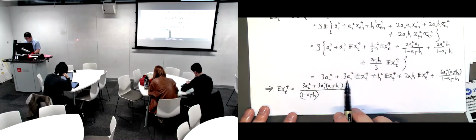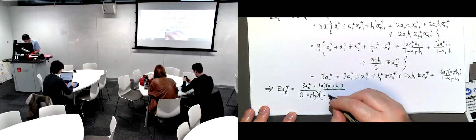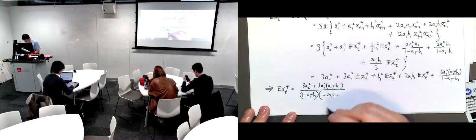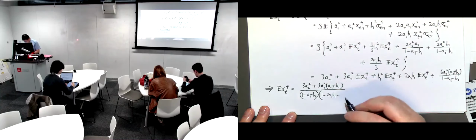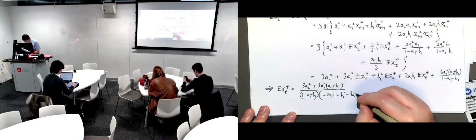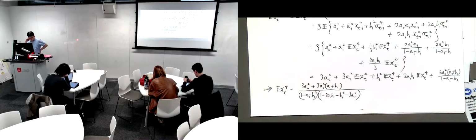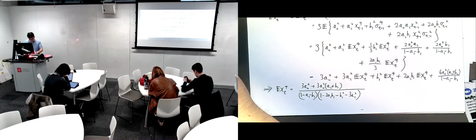And then divided by, we're taking out all these, so it's 1 minus 2a1 b1 minus b1 squared minus 3a1 squared. I hope I haven't made any mistakes.